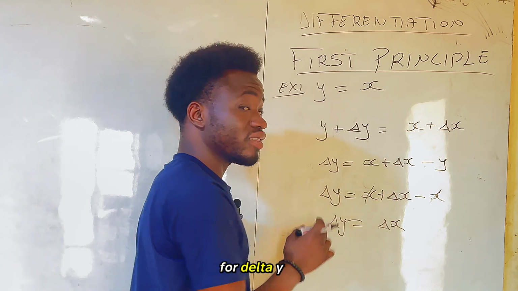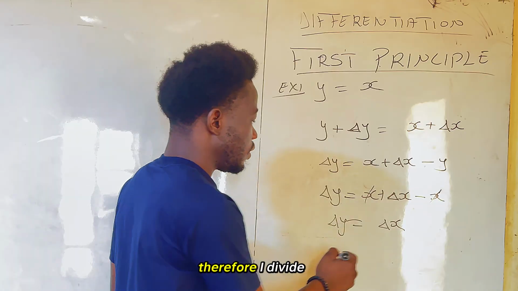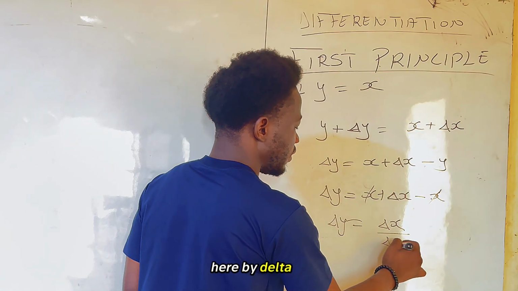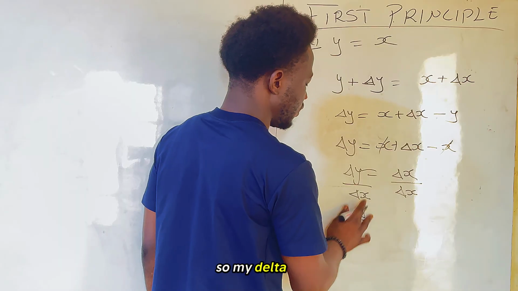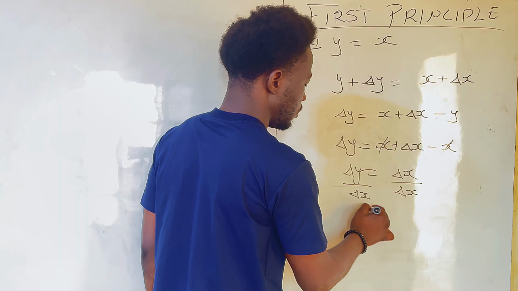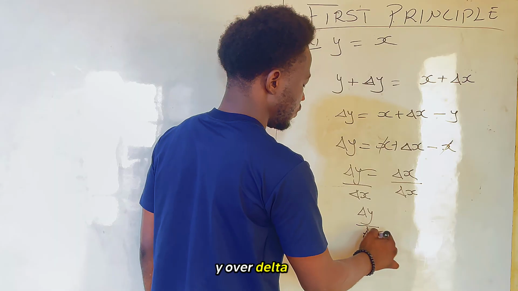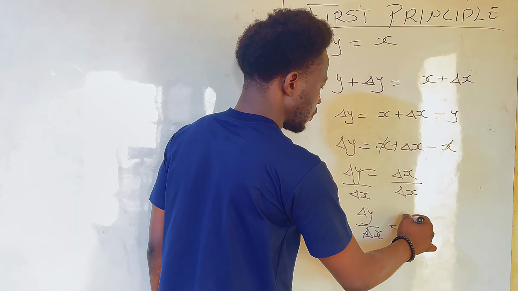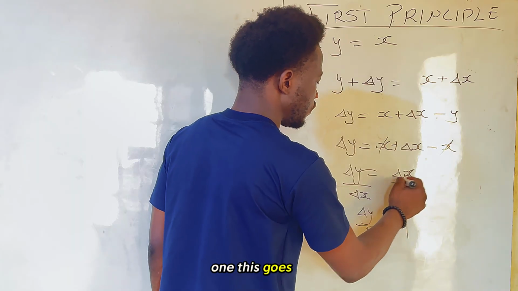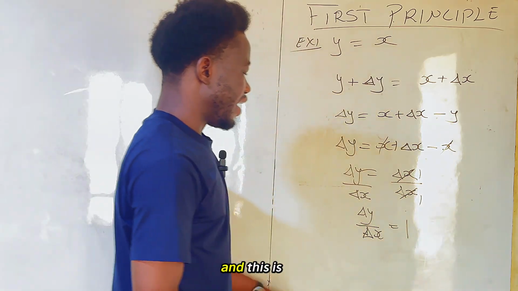We are looking for delta y over delta x. Therefore, I divide both sides by delta x. So my delta y over delta x is equal to 1. This goes into itself, giving 1. And this is the answer.